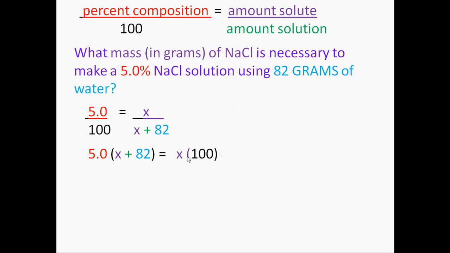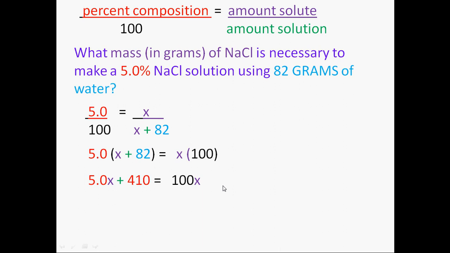Now, you have to go back to your algebra skills. Here we've got something being multiplied by the sum of two things. I've got to distribute that 5 out. So 5 times x plus 5 times 82. When I do that, I get 5x plus 410 is equal to the same 100x on this side.